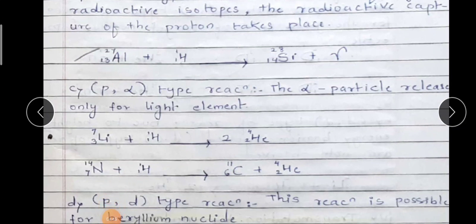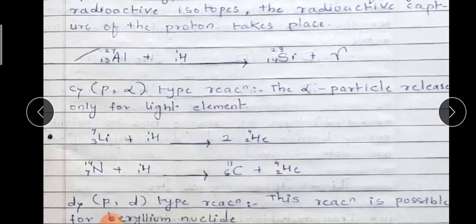Then the P alpha type reaction, in that we have seen that there should be the loss of the alpha particle. Alpha particle is nothing but 2He4, in the form of helium. Then 7N14 is the example, again simple, the first one is also simple.